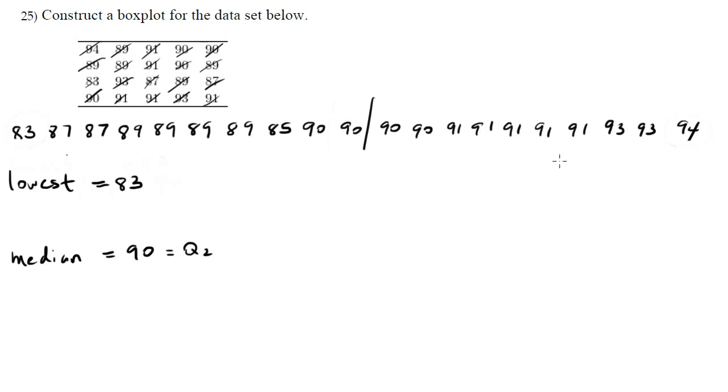Median of this and the median of that. So there's 10 values here. So 1, 2, 3, 4, 5. The median's in between here, the average of these two values. So the median of this set on the left is 89.